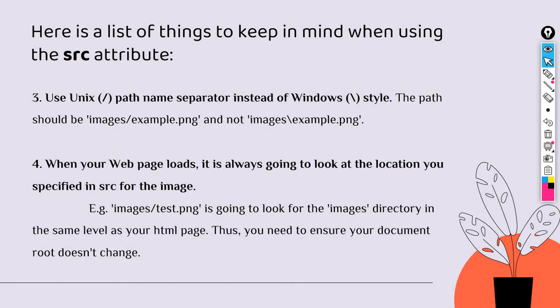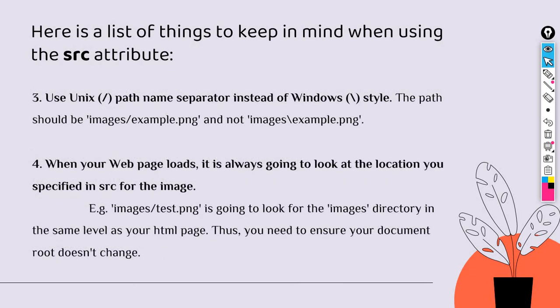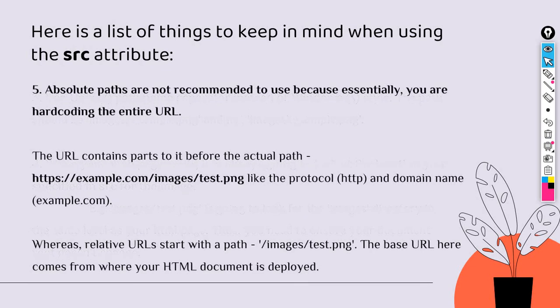When your web page loads, it's going to look at the location you specified in SRC for the image. And lastly, absolute paths are not recommended. You should use relative paths such as this one.